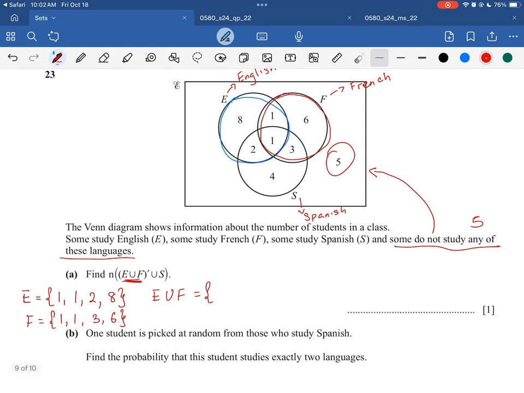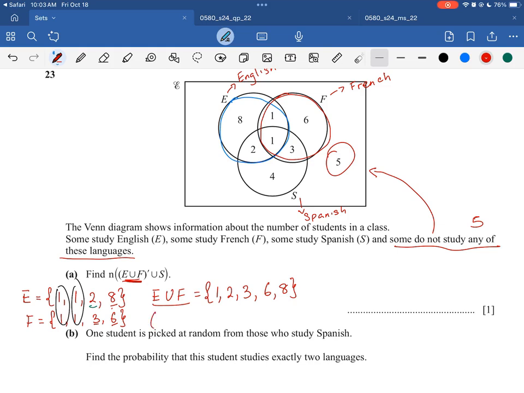So 1 repeats, so you only need one of those ones because there are way too many ones. So 1, 2, because this is your 2 here, 3, 6, and 8. This is E union F, but it's asking for the E union F complement.